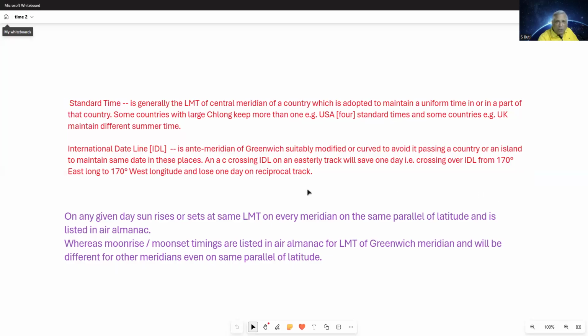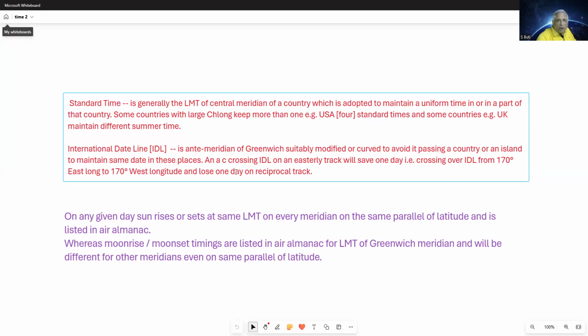And on the reciprocal track, when you are crossing the International Date Line on a westerly track, you will lose one day. You'll go to the next day.